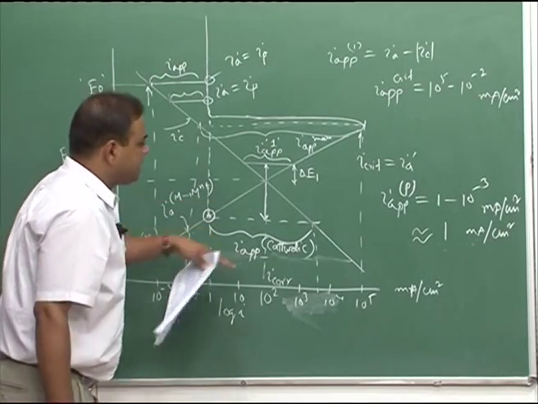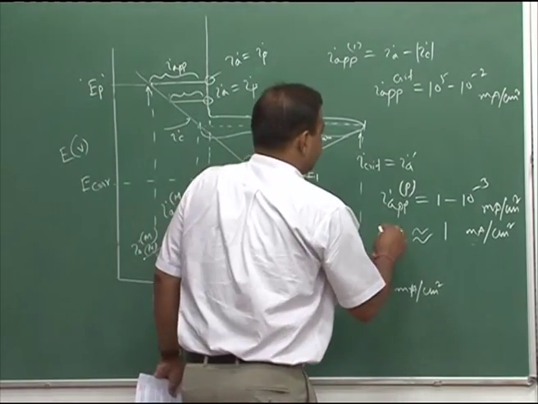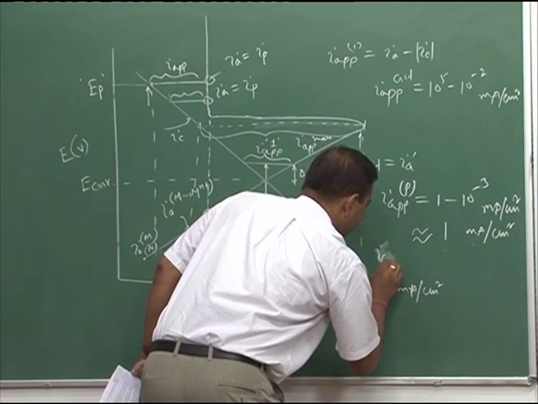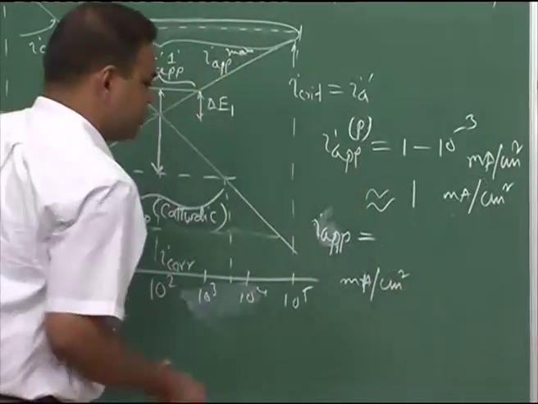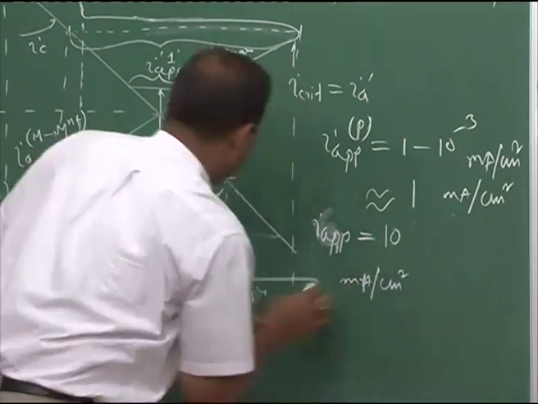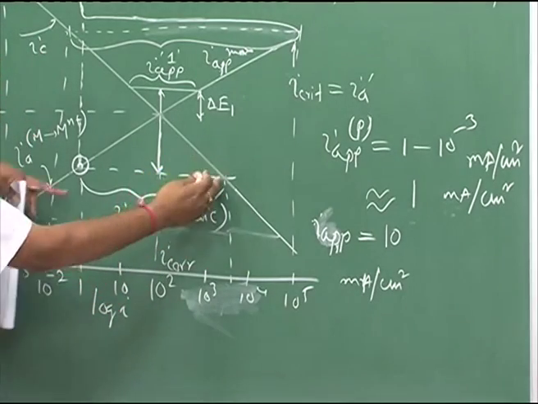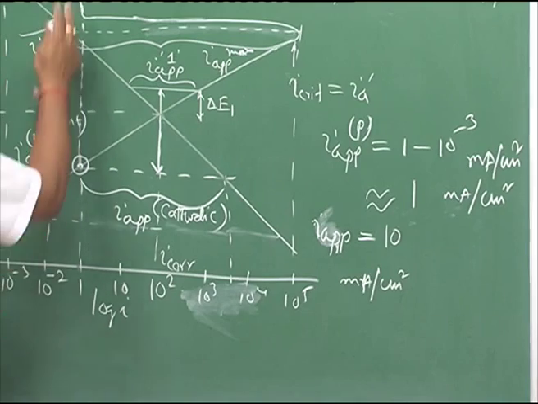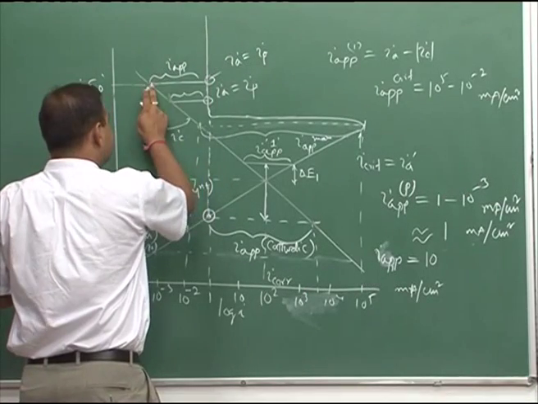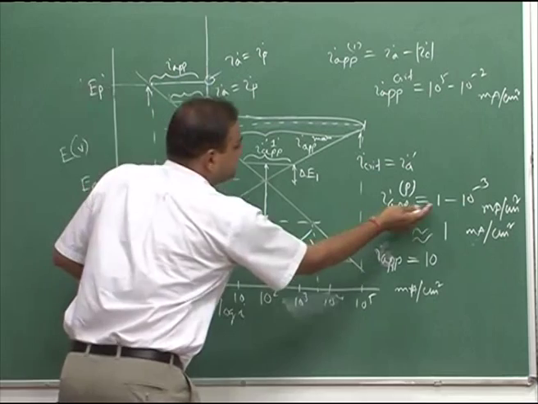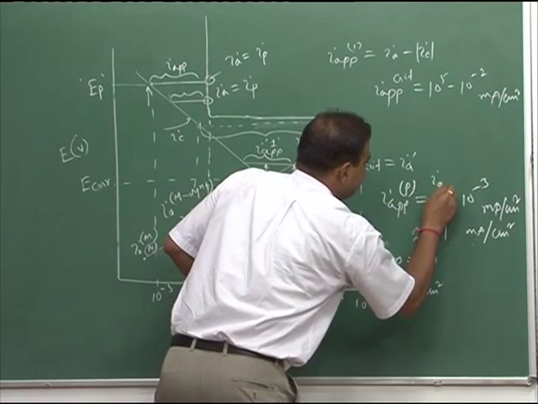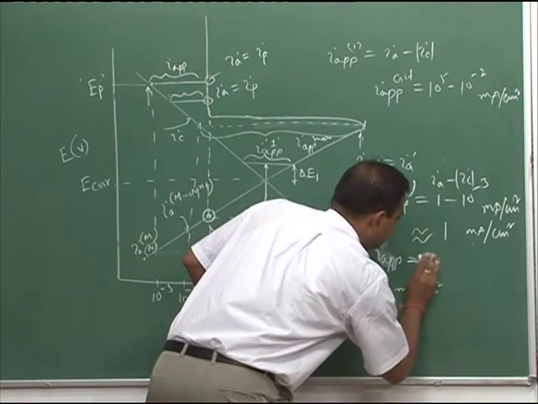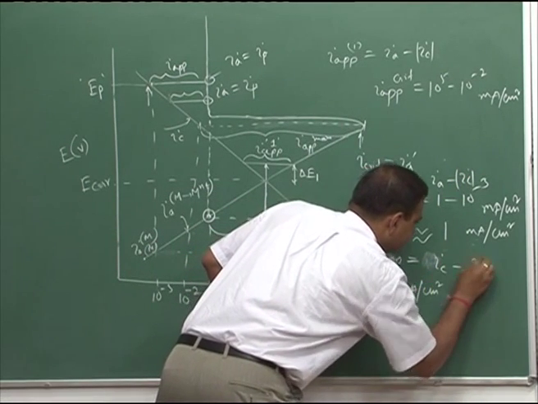So, if I go on the other side, my I applied would be a different notation, because in this case IC is more, IA is less, and in the other case IA is less, IC is less. So, that is what IC, this is IA or minus IC, but in this case it would be IC minus IA.